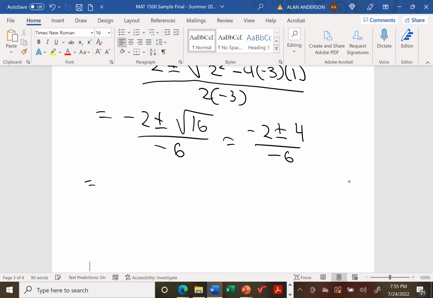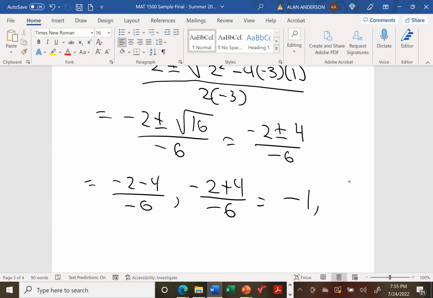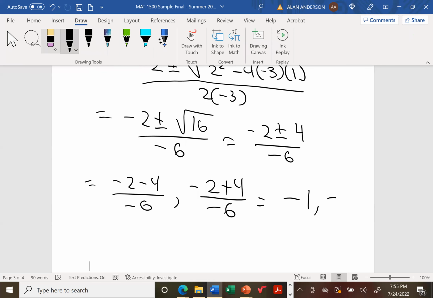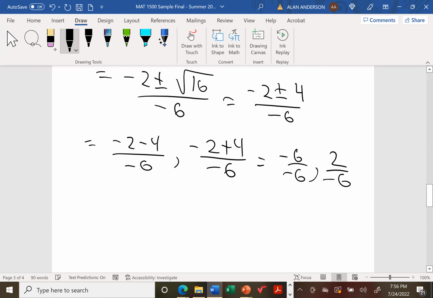So we're going to have -2 minus 4 over -6, comma, -2 plus 4 over -6. Oh, sorry, no, the first one is positive 1. This is what I get for skipping steps. -6 over -6, comma, 2 over -6. And then we can reduce that easily to 1 and -1/3, which are the so-called critical points.